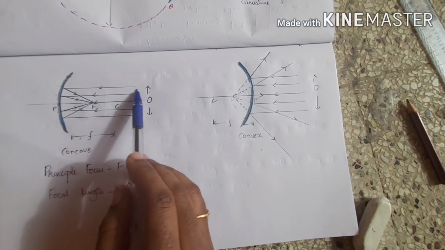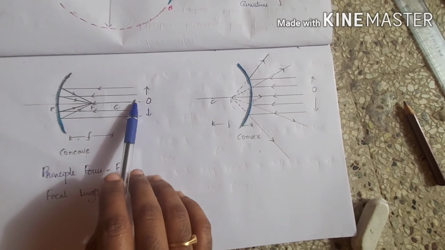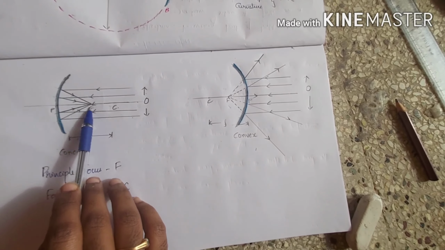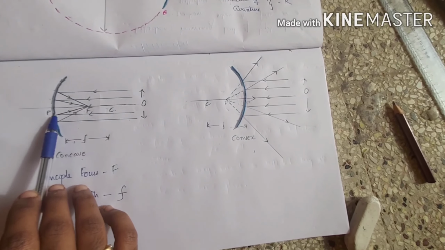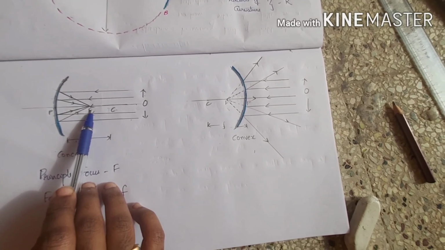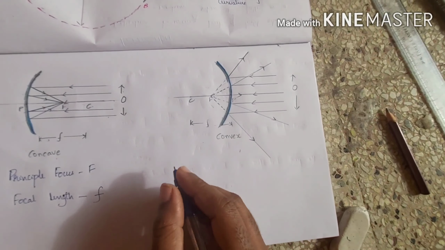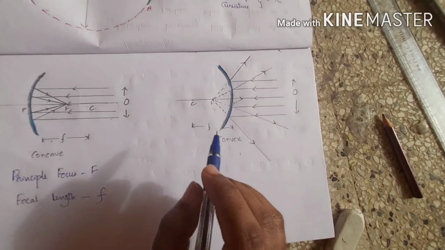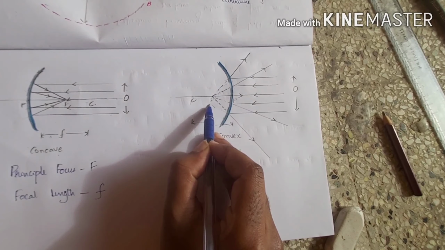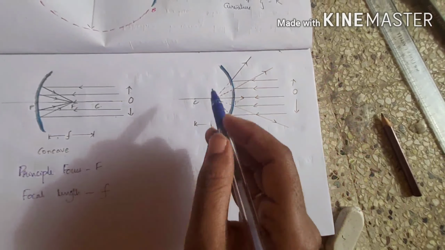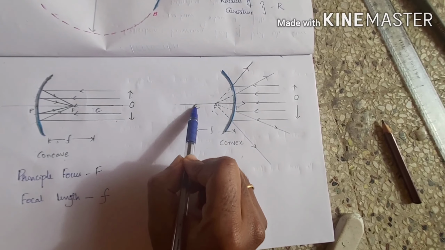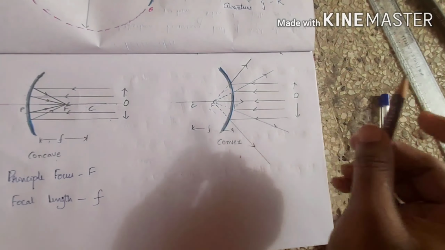Here I have taken 5 lines converging at the principal focus F, and the distance between the pole and the focal point is called the focal length f. According to theoretical study, it is always observed that this focal point lies midway between the center of curvature and the pole.